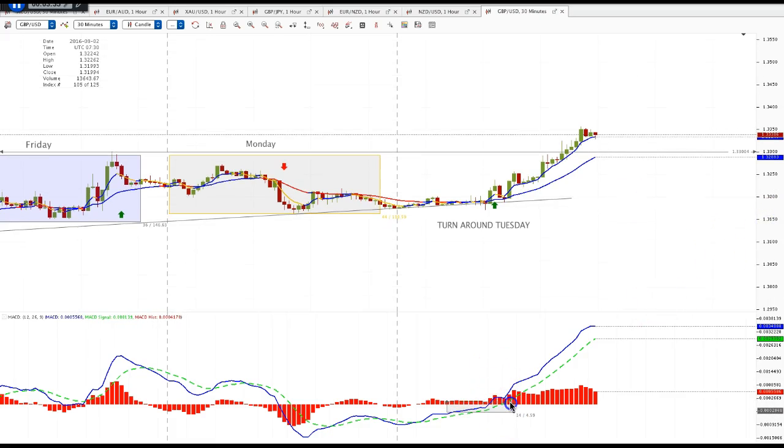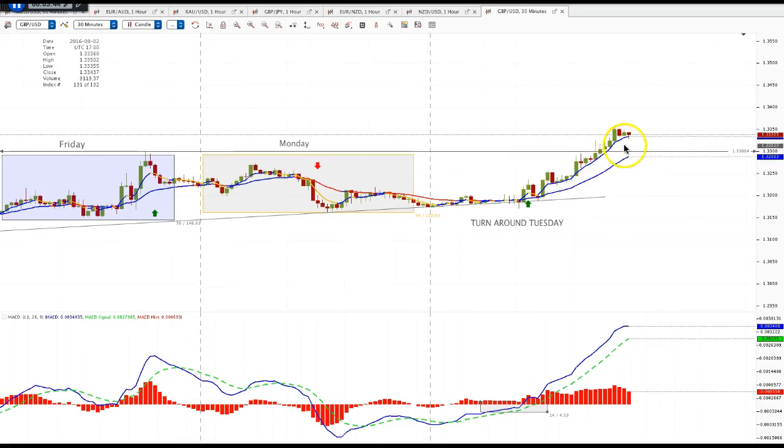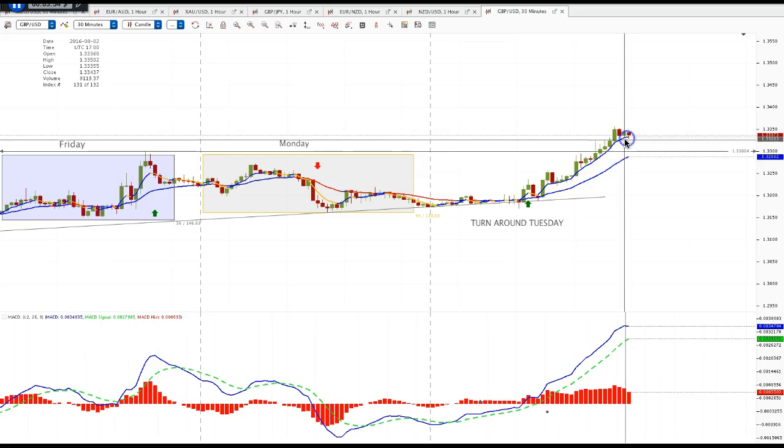So there's the crossover of MACD, the two lines of 5 and 20 crossing to the upside, and there's your trade. And technically, again, you stay in this trade as long as price stays above these two lines, which are angled and separated, and price pretty much stays above these lines. You can stay in this trade.